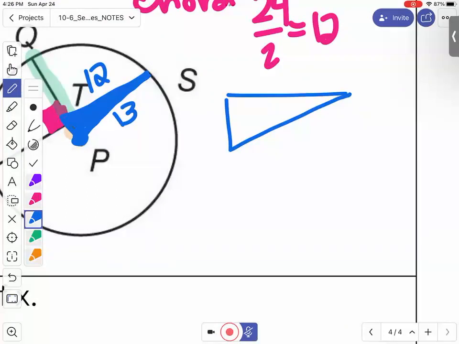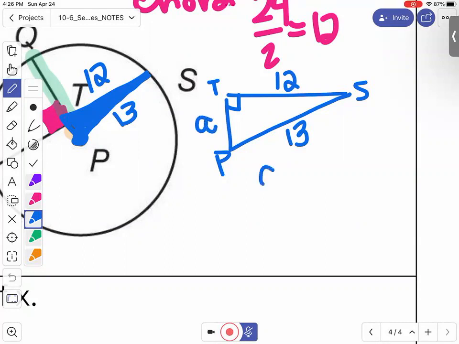So if this is in fact a right triangle, let's get our 90 degrees here. We had P, T, and S. We know P to S was 13. I know T to S was 12. I need this missing length. Let's call that my A side.